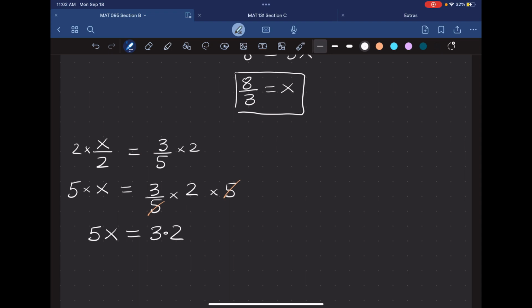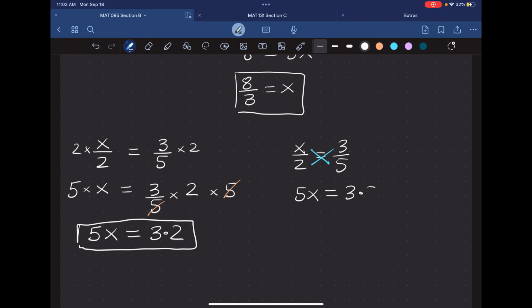And notice that this is exactly the same equation that we would have gotten if in the beginning, when we had x over 2 equals 3 over 5, you would have said, okay, go ahead and cross multiply. You would have gotten 5x is equal to 3 times 2.